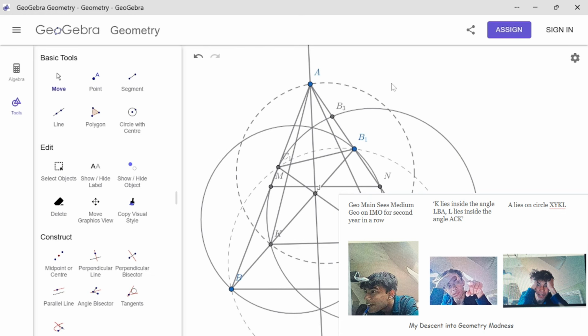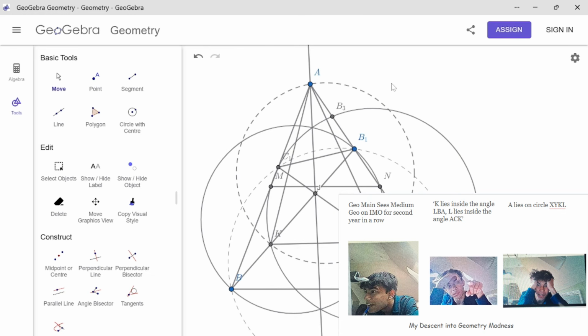Wait, but hold on. We know that B3 is the midpoint because AC1 times AM is AB3 times AC, and AC1 times AM is AB1 times AN, which is a half AC times B1.